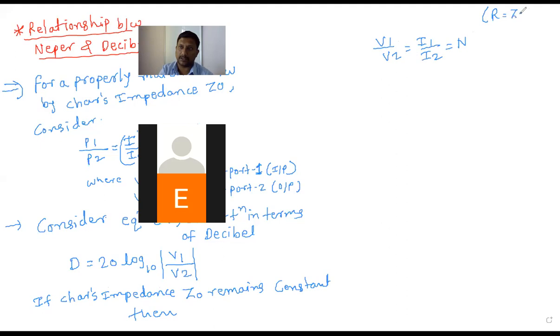R is replaced by Z0. So V1 square divided by Z0, divided by V2 square divided by Z0. Z0 cancels. Okay, so this constant is called as what?